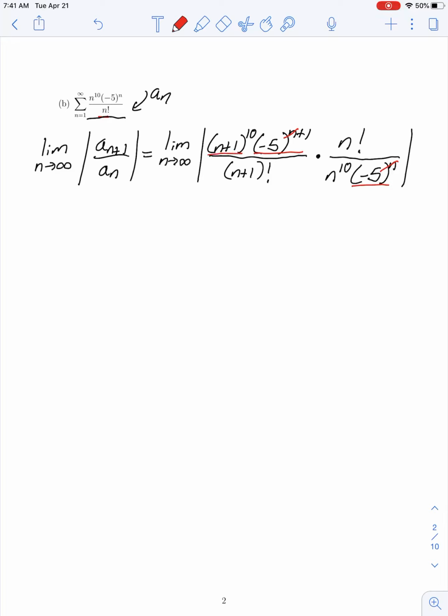Our n plus 1 to the 10th divided by n to the 10th, well, those terms don't cancel or reduce nicely. And this last part that we're left with is n factorial divided by n plus 1 factorial. And I claim that this is just 1 over n plus 1 after simplifying.